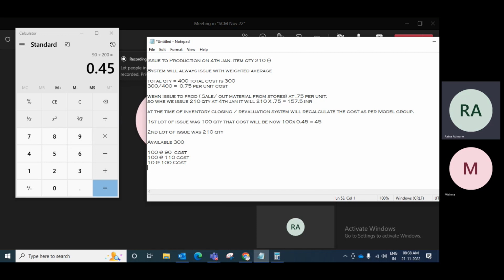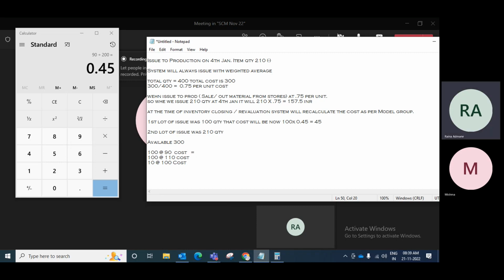As per LIFO, now how much are you issuing? 210. So what will happen? 100 quantity will go at the rate of 90, another 100 will be calculated at the rate of 110, and another 10 at the rate of 100. So your actual cost for 210 will be: 100 at the rate of 90. 90 cost, so 45.